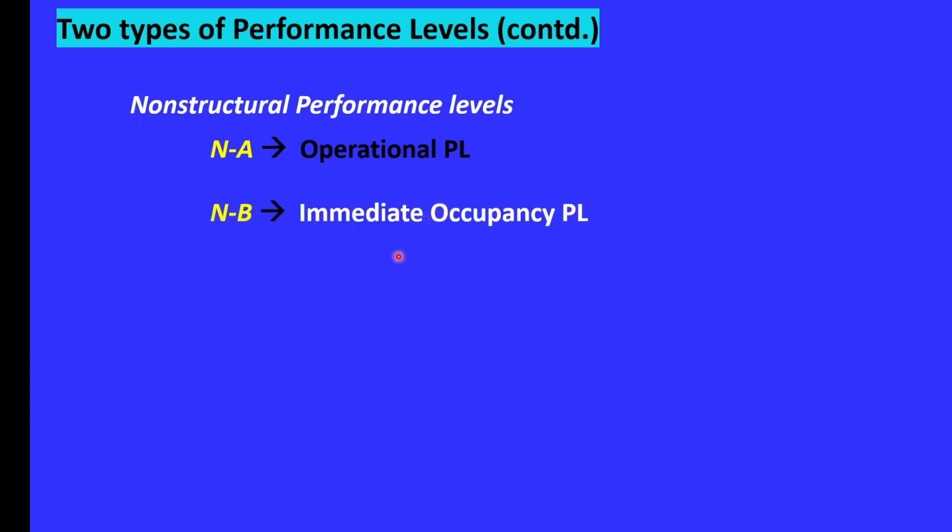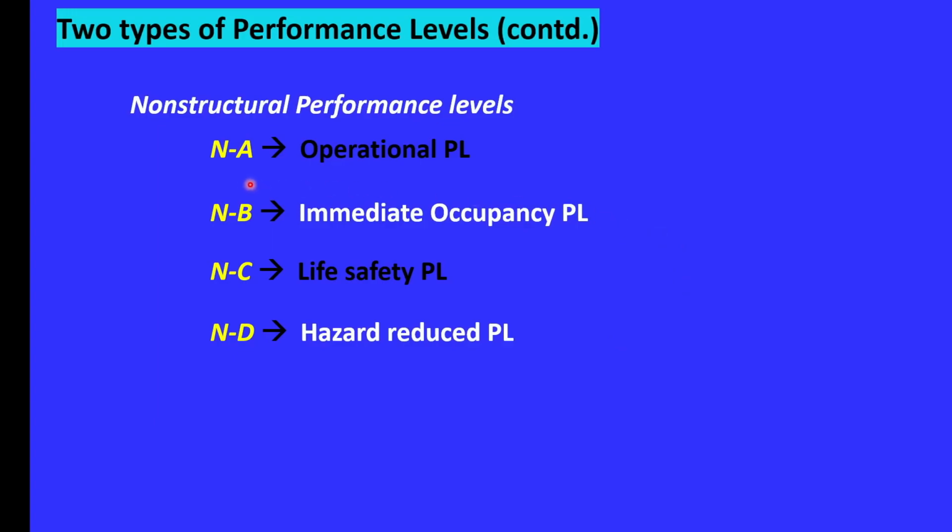A little lower performance level for non-structural is the NB. It is immediate occupancy performance level. This is also very high and you can use it in some buildings. Then you have NC, life safety performance level, non-structural. ND is called hazard reduced performance level.